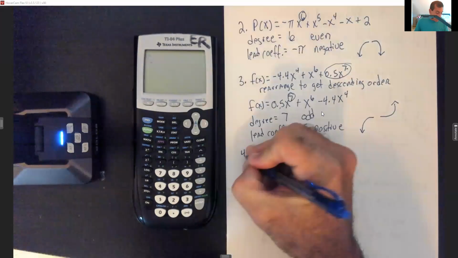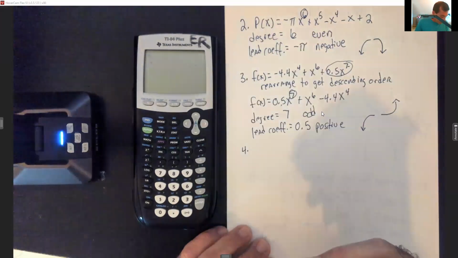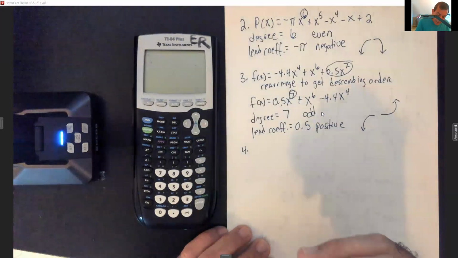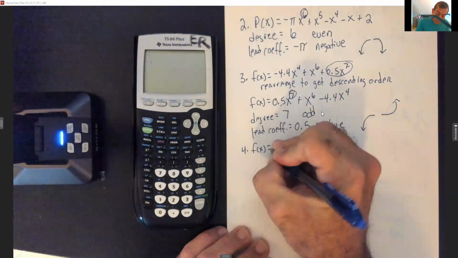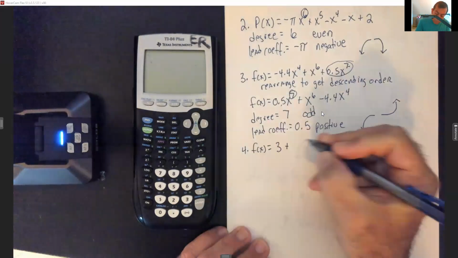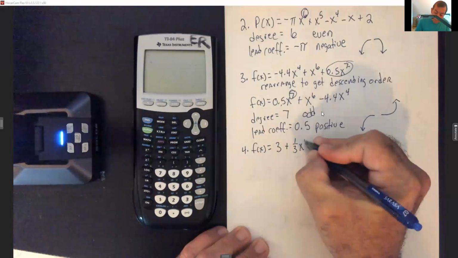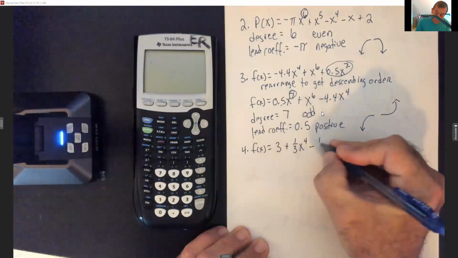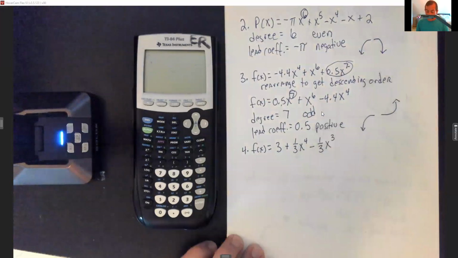All right, y'all, one more of these and then we can move on to new stuff. So this one has f of x equals 3 plus 1/3 x to the fourth minus 1/3 x to the third. So I'm going to do the same thing here.